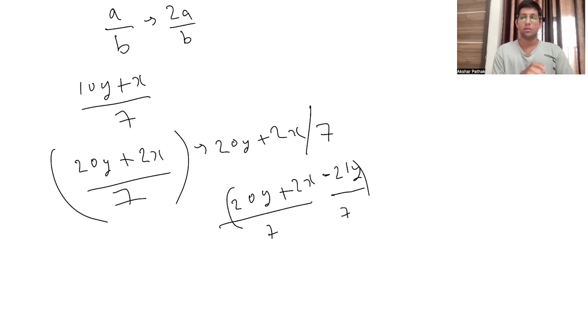There's no rocket science. So how can you write it? 2x minus y. So 2x minus y is divisible by 7.